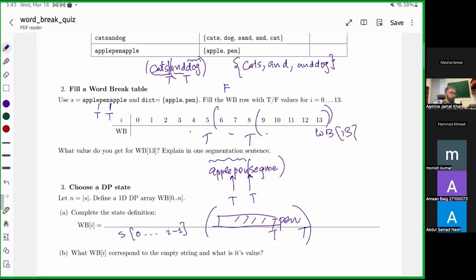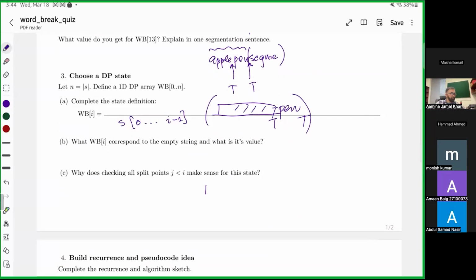But you only need to check wherever WB was true. That's a prerequisite. If it's false somewhere, there's no point even if the word exists in the dictionary, right? So wherever you have WB true, you have to check it. All right, so that's the answer for part C of question 3. Should I move on? Raise hands or give me a thumbs up.